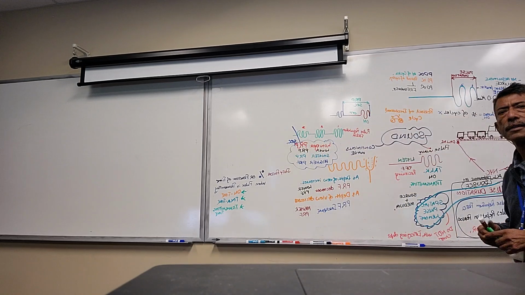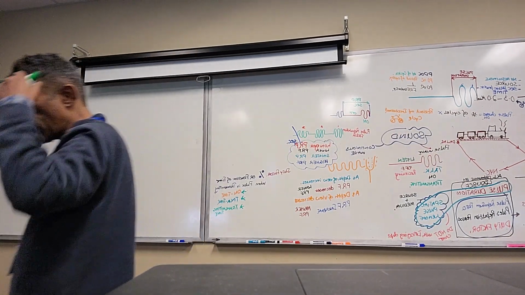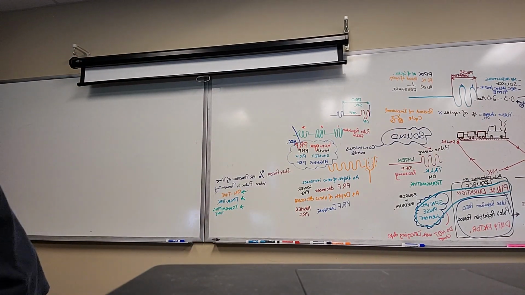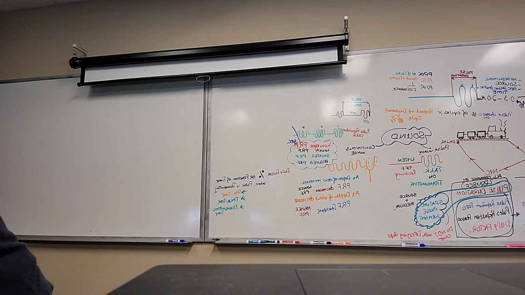That's the duty factor: the percentage of time when the system is actually transmitting. What is duty factor determined by? Source or medium? Source. Is it affected by the imaging depth? No. Duty factor and spatial pulse length are not affected by imaging depth.